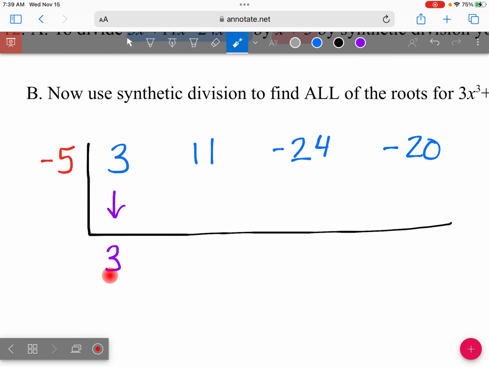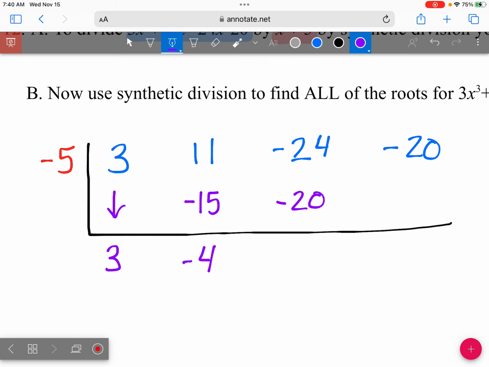So then we're going to have 3 times the -5, and what goes here? -15. What goes here? Yes, -4. Here. Yep, -20.